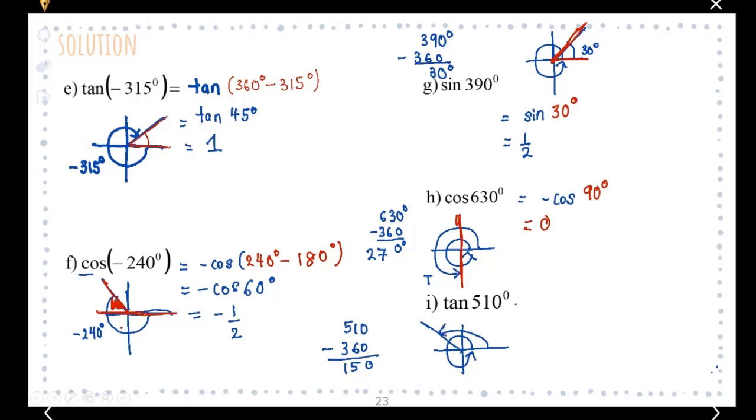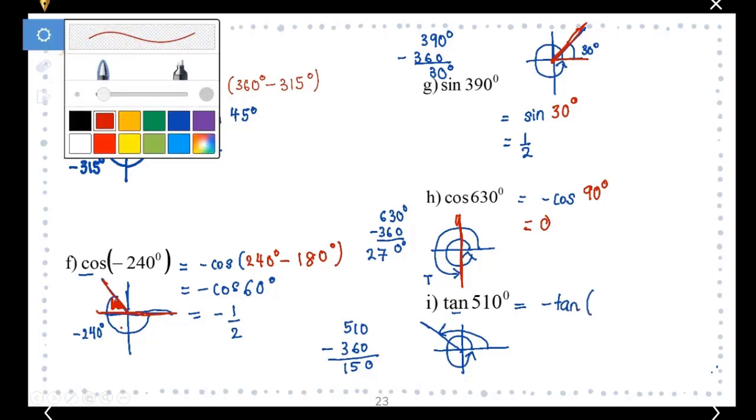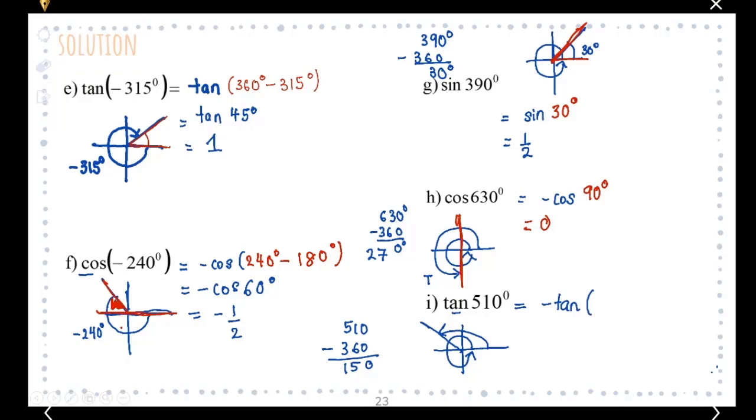The second quadrant belongs to sine, but we are looking for tangent. That means your answer is going to be negative tangent. Now we find the reference angle, from the x-axis to the terminal side, which is the acute angle in the second quadrant.